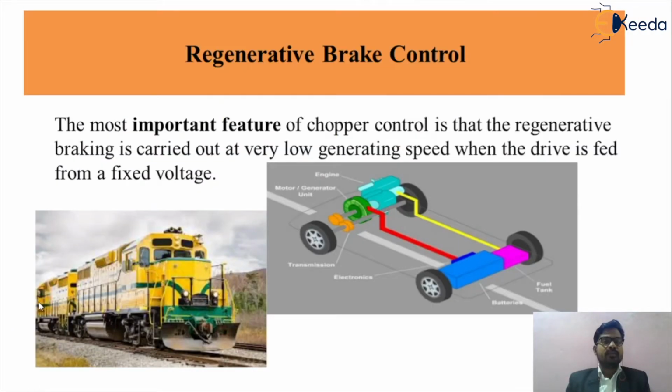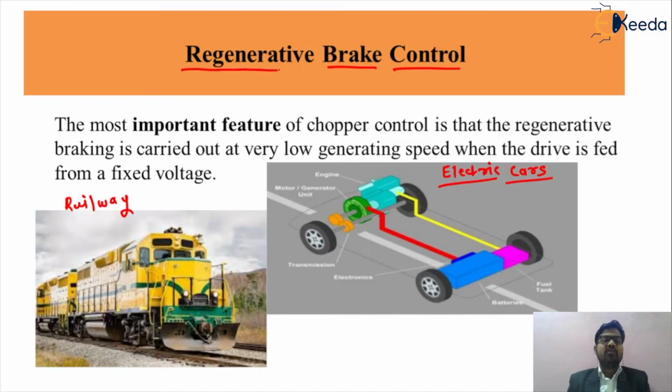First of all, we can understand what we mean by regenerative braking. So friends, as shown in the figure, this is the Indian Rail, or one of the images of railway. In railways or in different electric cars, this is an example of an electric car, we are using such type of brake control.